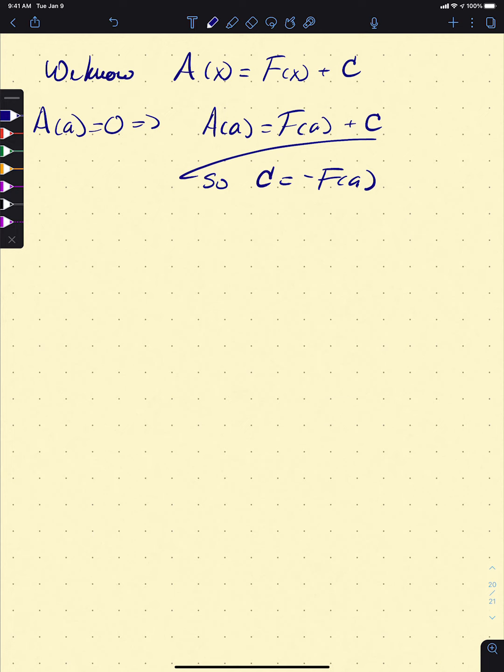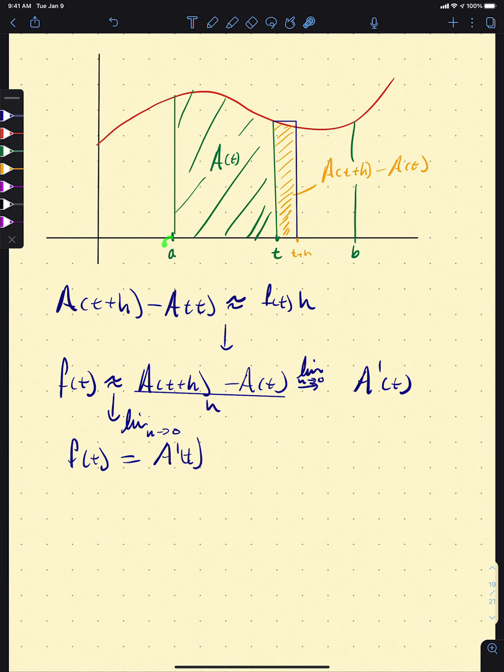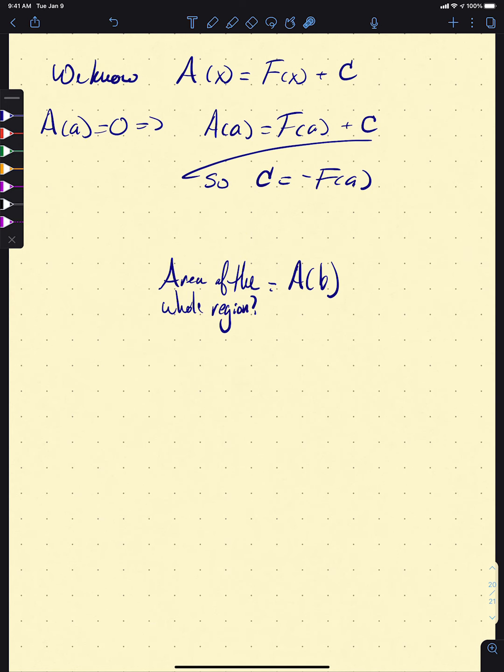But then, what's the area of the whole region? That's going to be A of b, the area from a to b. Well, the area from a to b, as we saw right here, is F of b plus c, or since we know our value of c, F of b minus F of a.